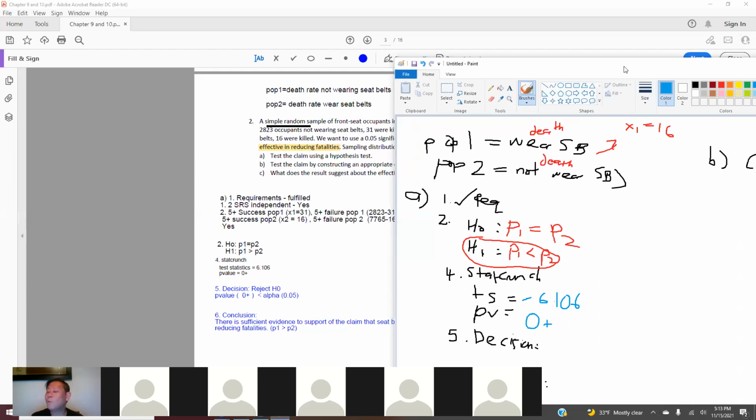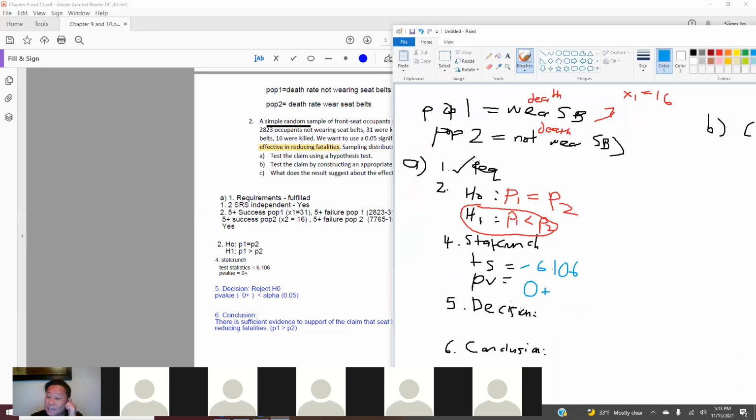So what happens here, class, is that because we switch around, your alternative is less than, so it's a left-tail test. That's why this test statistic is in a negative form, and this area is still very small, 0 plus. That's what we call the p-value.